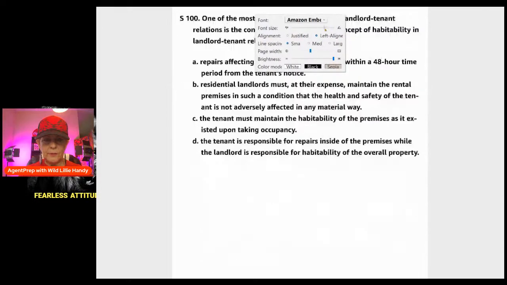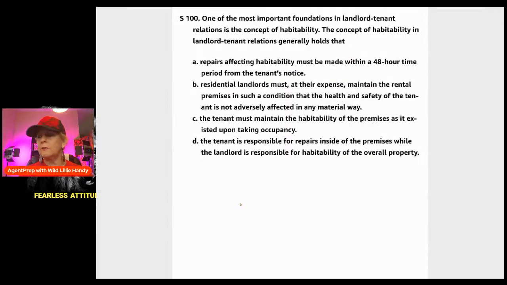Okay, there's 100. One of the most important foundations in landlord-tenant relationships is the concept of habitability.